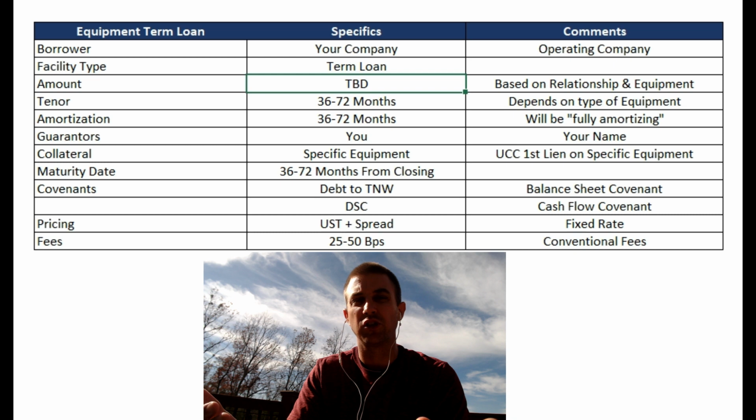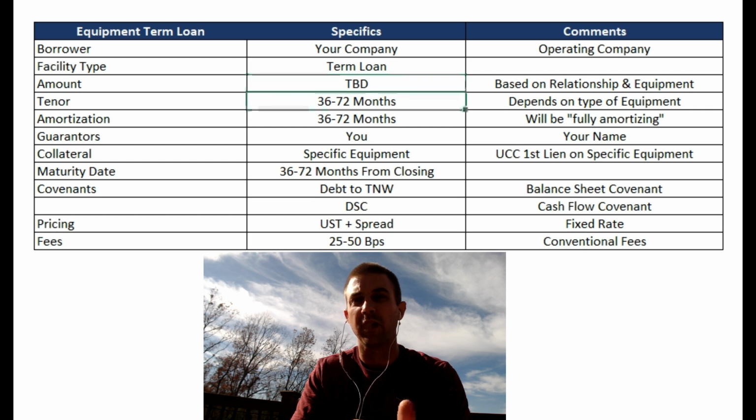In these situations, sometimes banks will only lend 75%, sometimes banks will lend a little bit more. Sometimes banks, if they really know the specific type of equipment or have those particular programs, they'll lend the whole 100% and allow you to finance the whole deal. So that is what usually dictates the total loan amount.